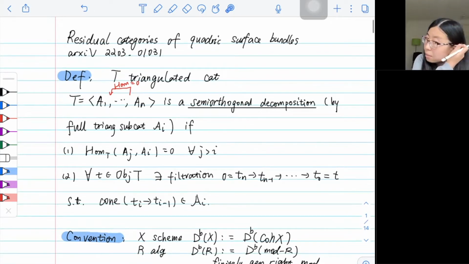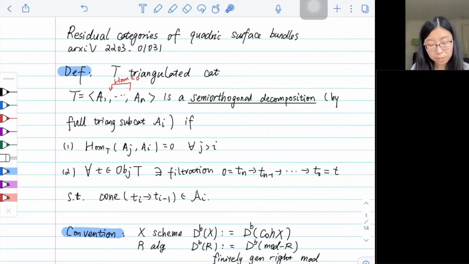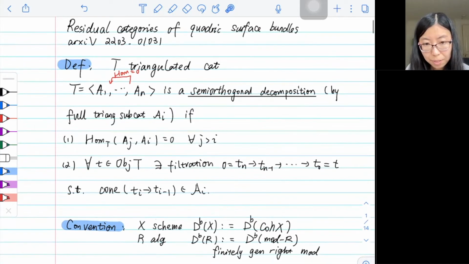And the other thing is that these subcategories should generate the whole category. In a more precise way, it means that whenever you have an object in this triangulated category, you should have a functorial filtration of length n, so that the cone of each map comes from an object in this component A_I.